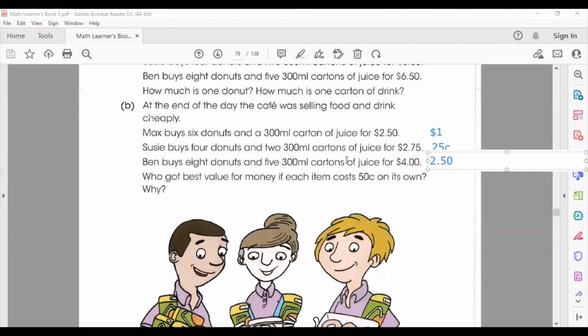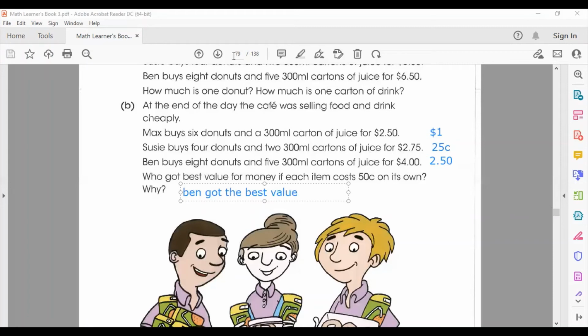So who got the best value? Obviously Ben got the best value of money.